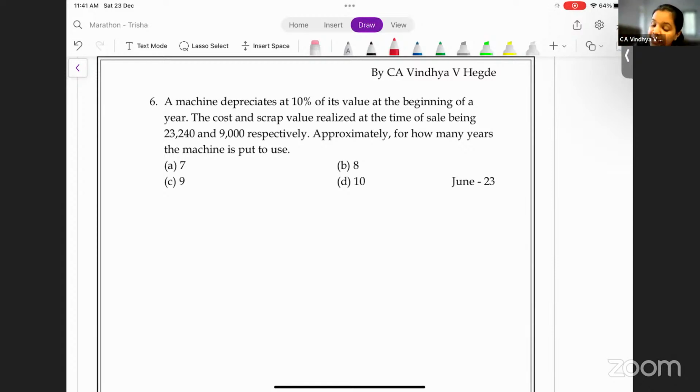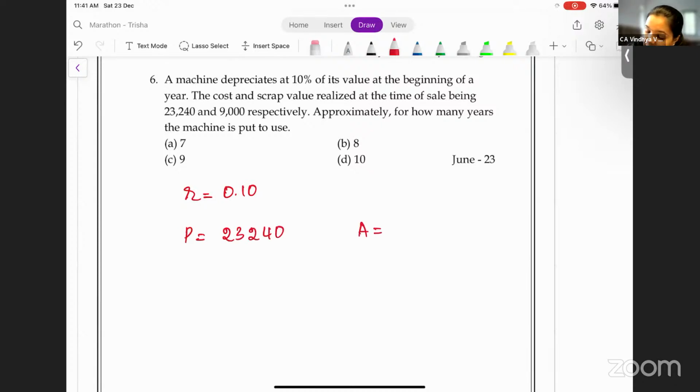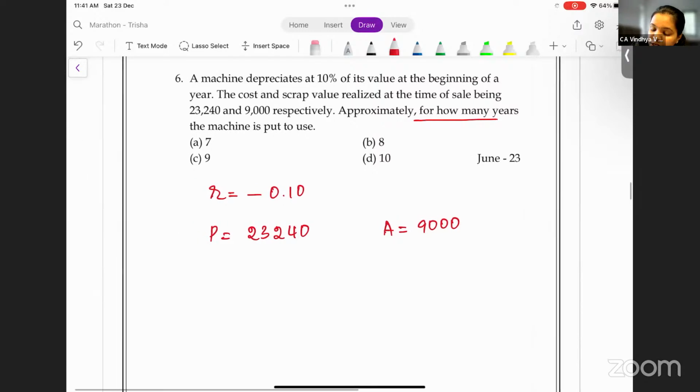Okay. So in this case, the rate is given as 0.10. Principal is 23,240 and A is 9,000. But when you consider the rate, you will consider it as minus 0.10. Why? Because it is depreciation, the value is reducing. You have to find in how many years the machine is put to use.